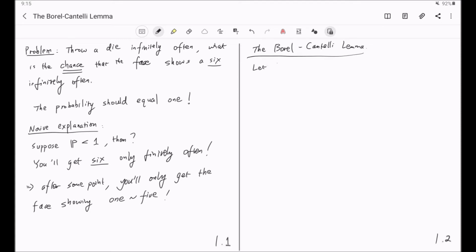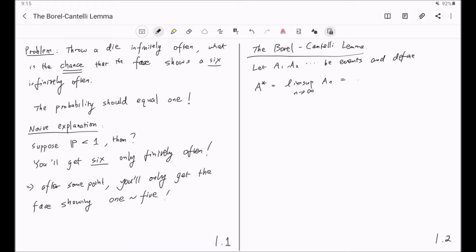Let A1, A2, ... be events and define A star to be the lim sup of the sequence of events A sub n as n goes to infinity.